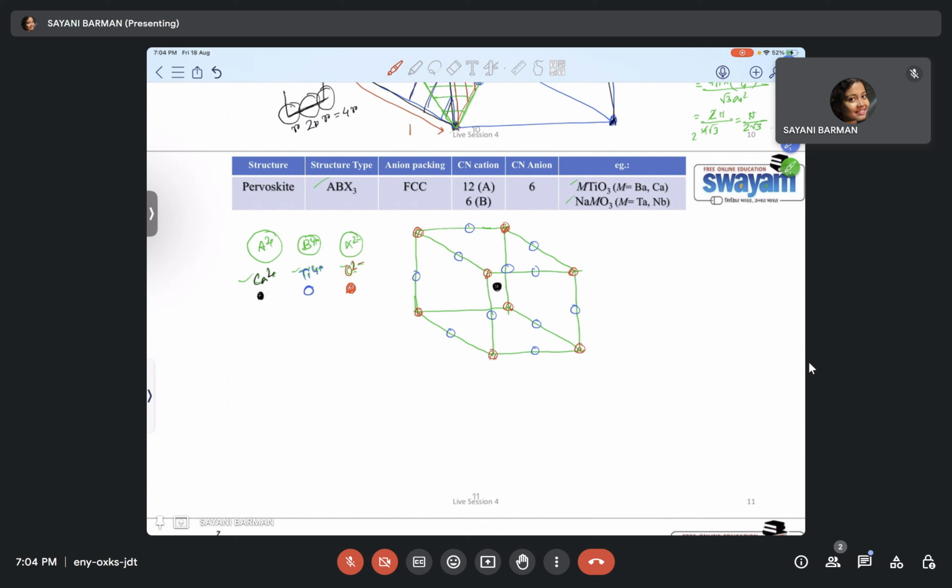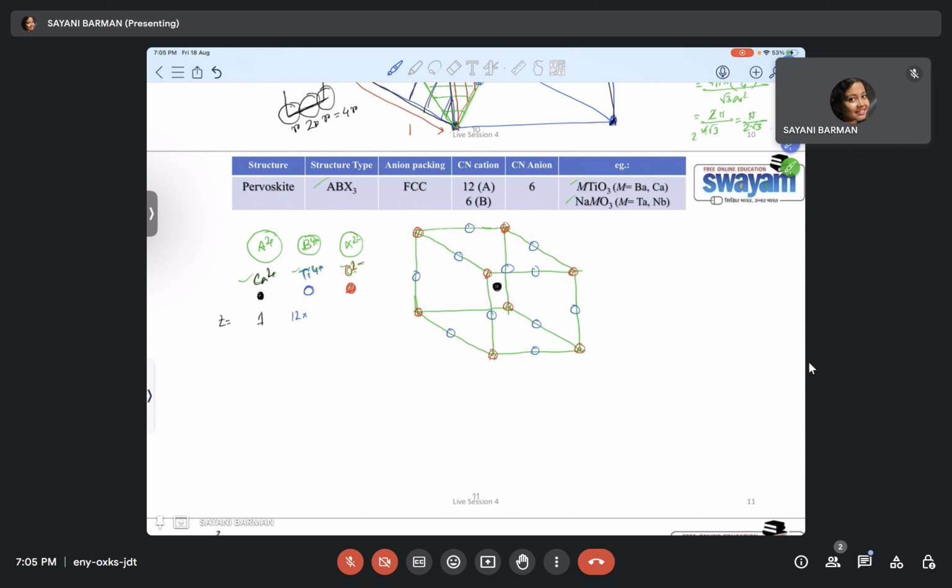Now we can detect the formula unit, or the number of atoms in one unit cell. For Ca2 plus, it is just at the center, so it is 1. For Ti4 plus, it is at the edge centers. How many edges are there? 12 edges, and the edges are shared by how many lattices?